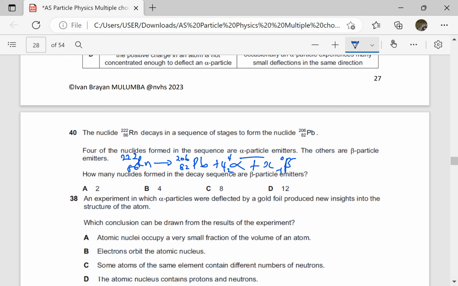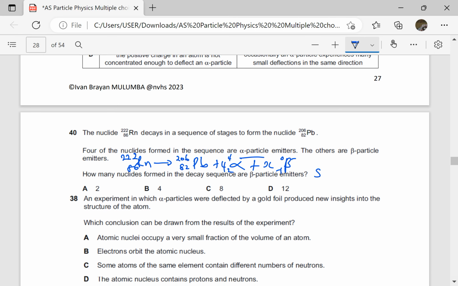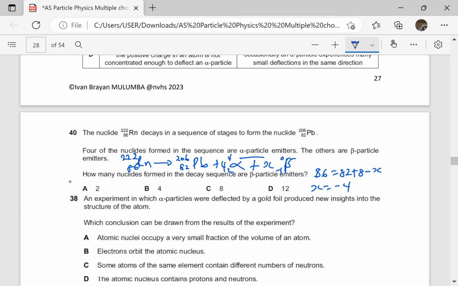So let's use the proton number. On the left we have 86 equal to 82 plus 4 times 2, which is 8, plus x times -1, that is minus x. So 86 minus 82 minus 8 is -4, so -x is equal to 4.